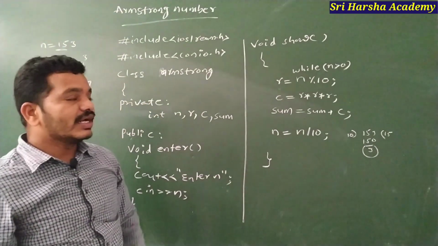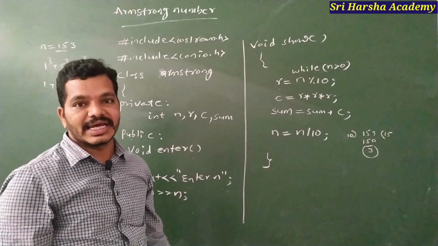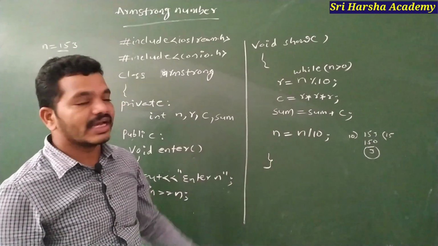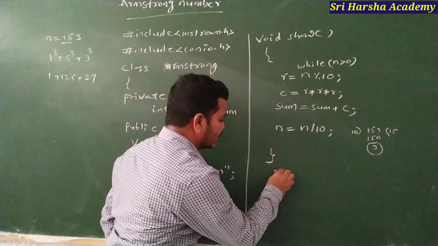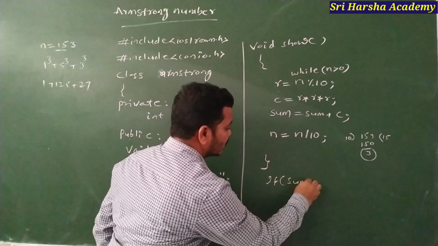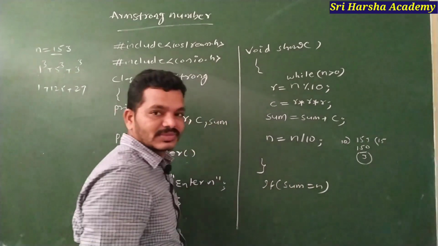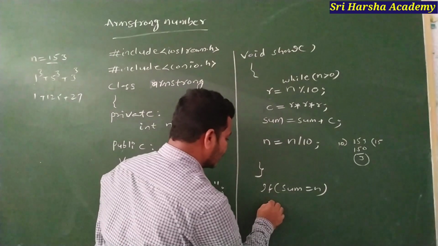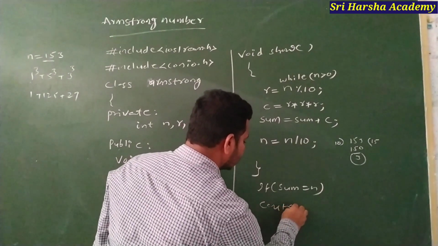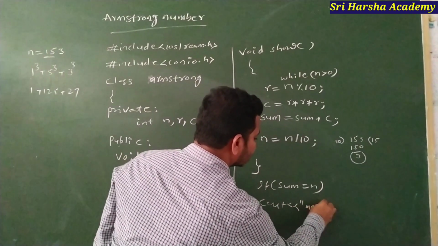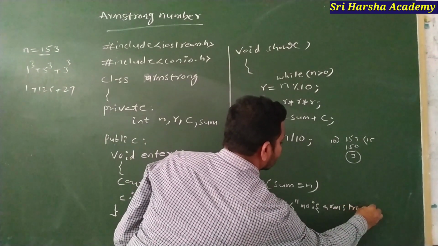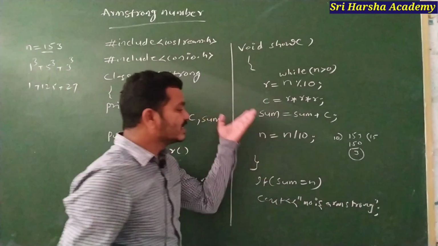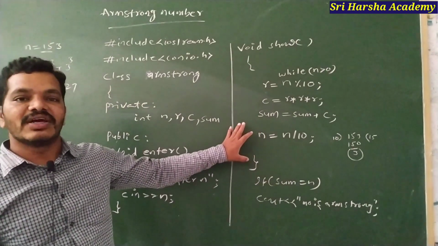Here we are changing the n value every time, so finally we get the n value as 0. Then we apply if sum is equals to n, then cout number is Armstrong.